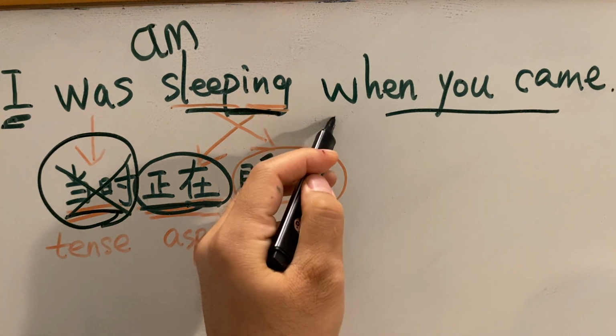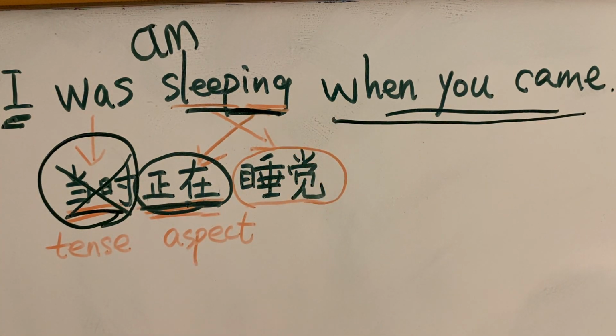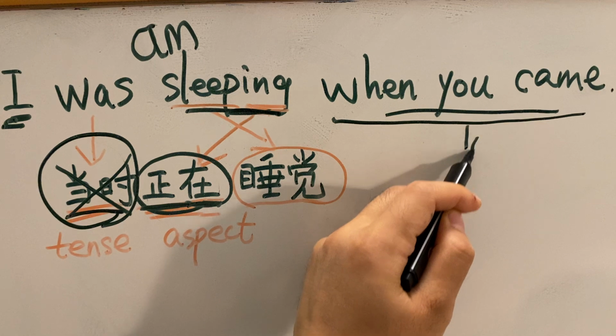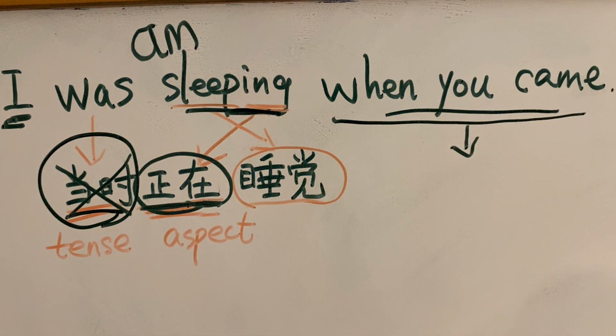But when you add this clause, when you came, 你进来了 or 当你进来, the speaker means that I was sleeping, and the listener will understand that you are talking about a time that you were sleeping. So it's like a common understanding.